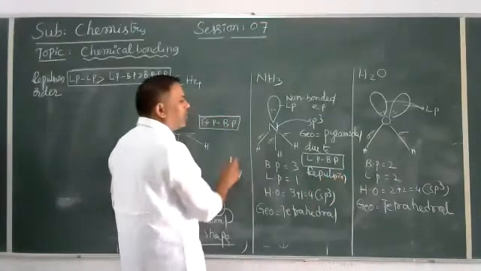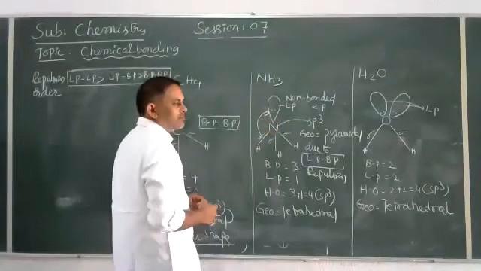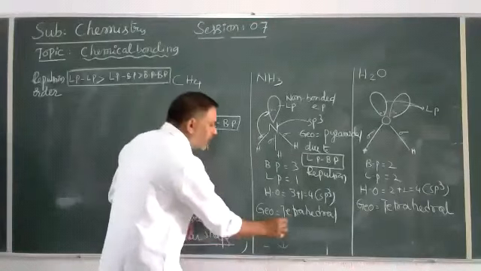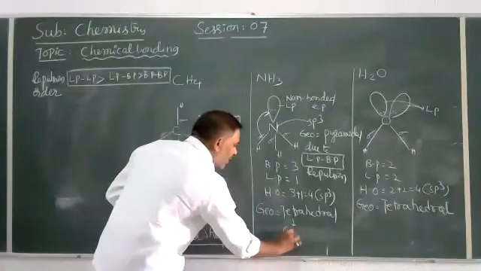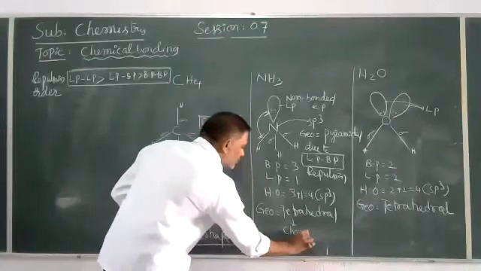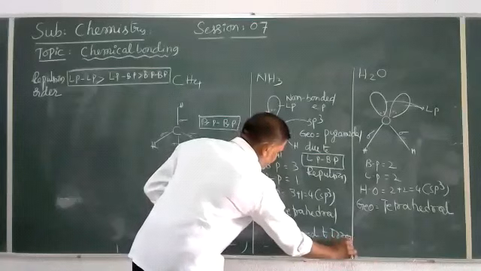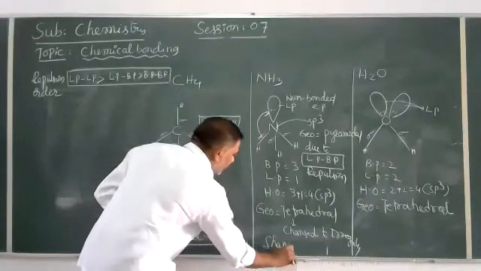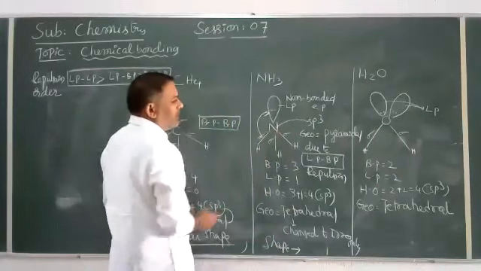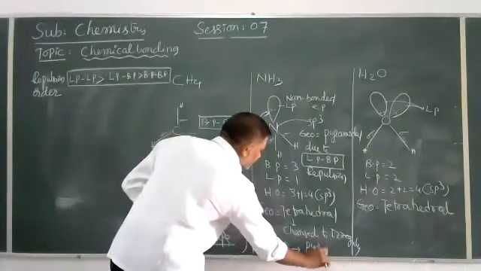That's why the regular geometry changes to an irregular shape, due to the presence of lone pair and bond pair repulsions. That is a pyramidal structure.